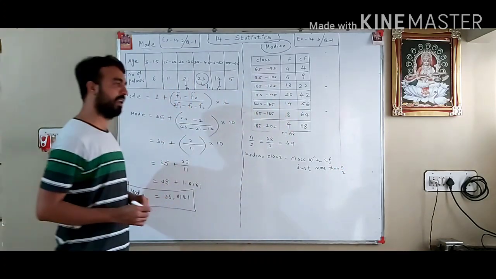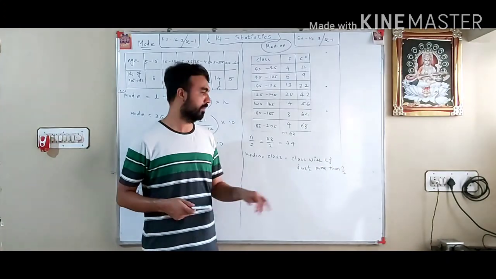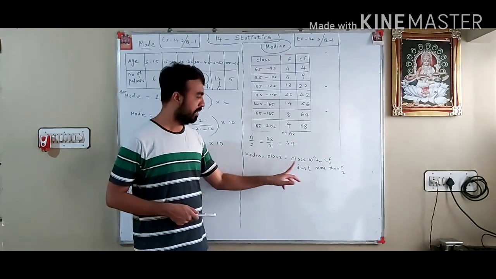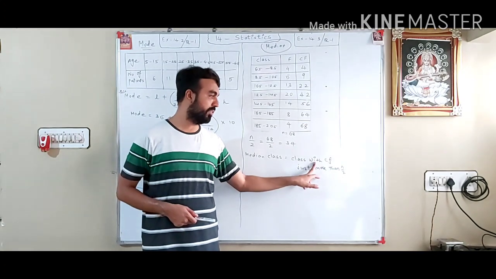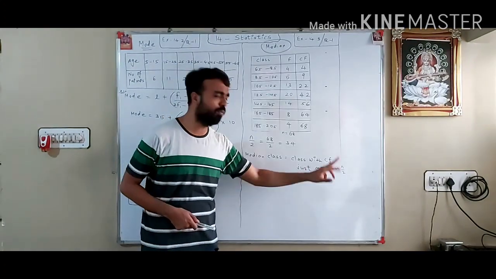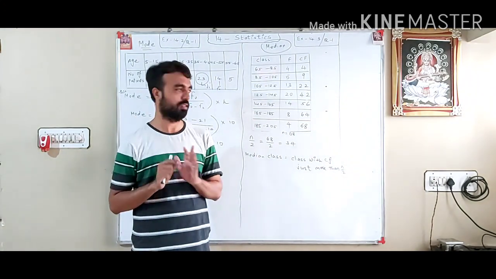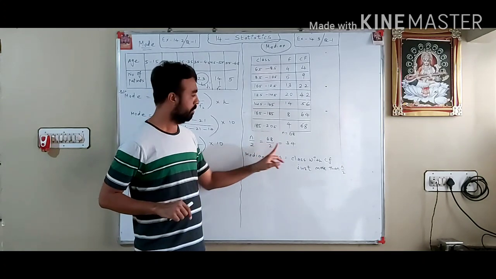Just more than n by 2. मतलब, let me translate in Hindi. What is the median class? It is the class जिसकी CF यानी cumulative frequency just more than n by 2, n by 2 से थोड़ी सी बड़ी.